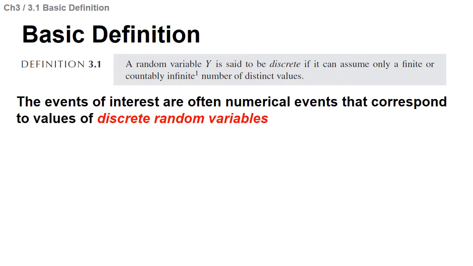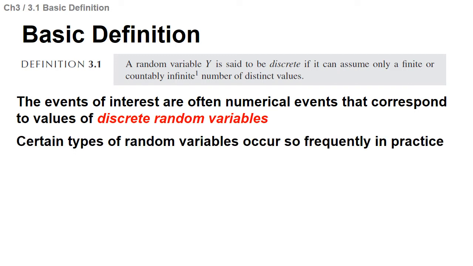And the events of interest are often numerical events that correspond to values of discrete random variables, like dice or tossing coins, whether it is head or tail. Those kinds of discrete events can be related to a discrete random variable.